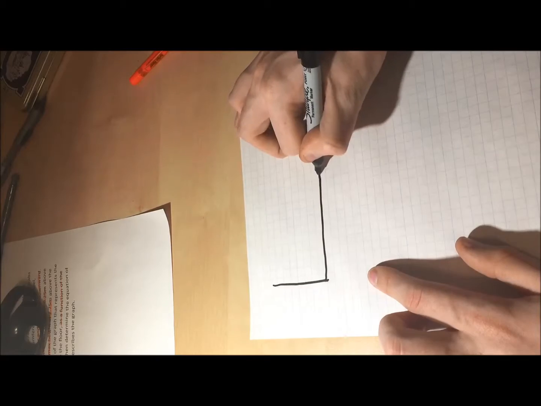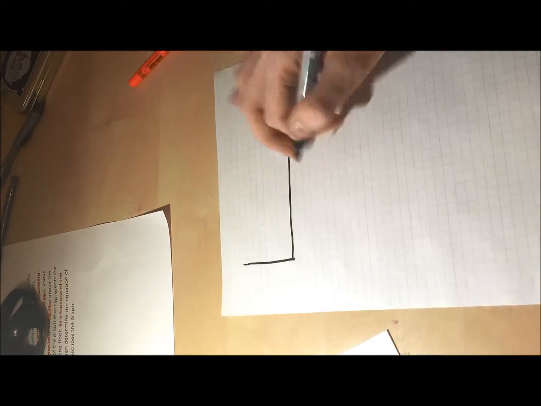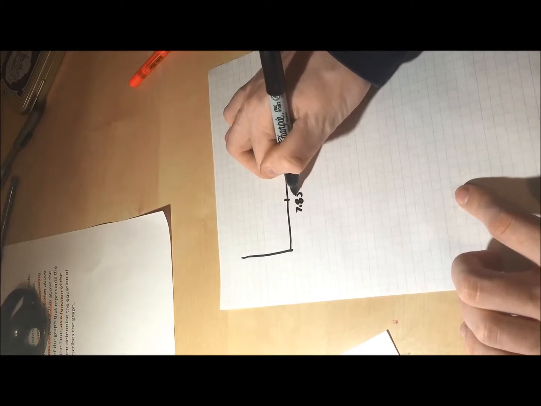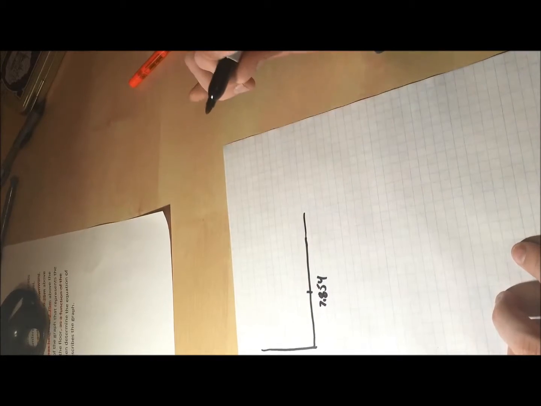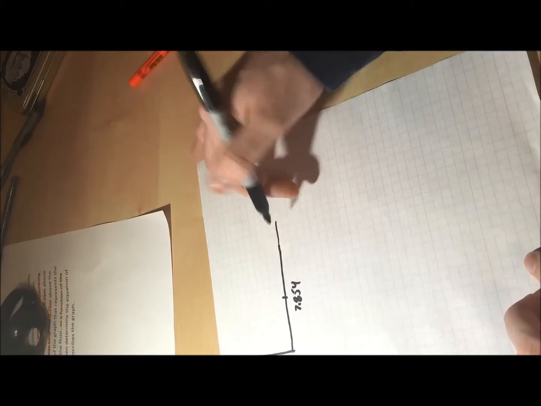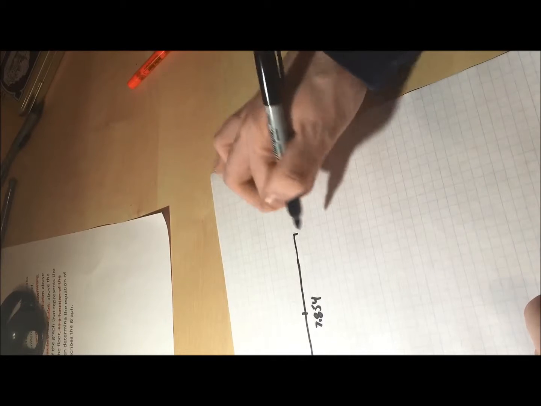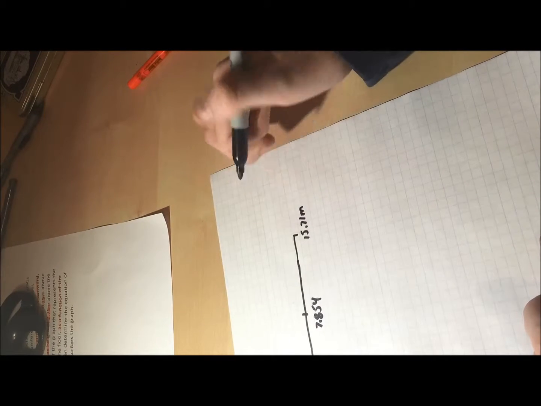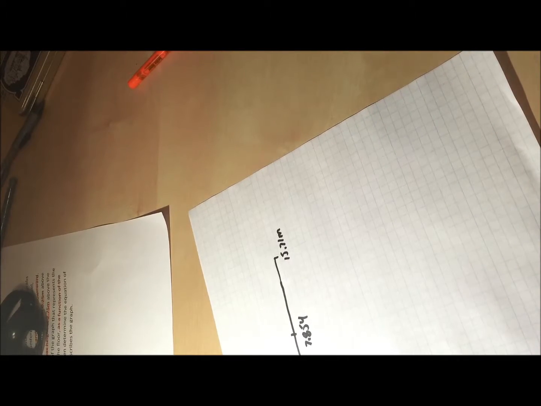Since the period of this graph is 7.854 meters, we write it out right here. Now since it is asking us to complete 2 cycles, we must multiply this by 2 in order to give us 2 full rotations. What this gives us is 15.71 meters. All right, so we have our 2 cycles right there.